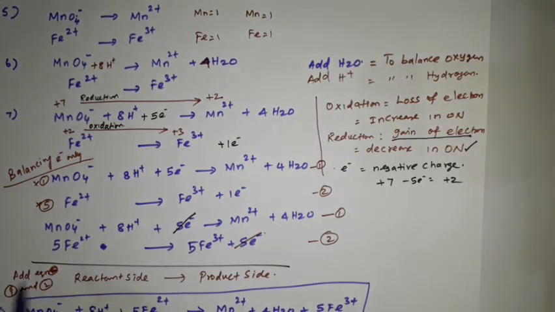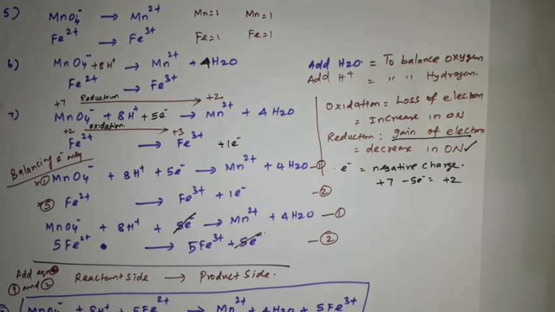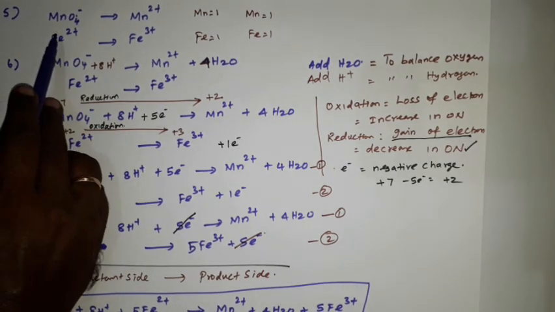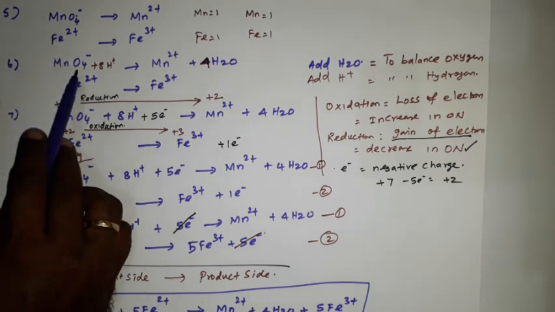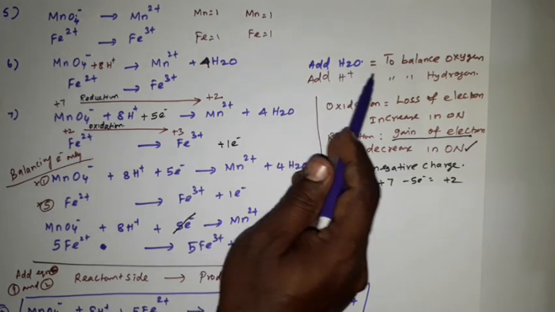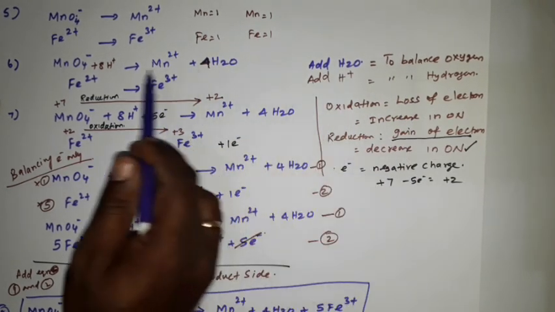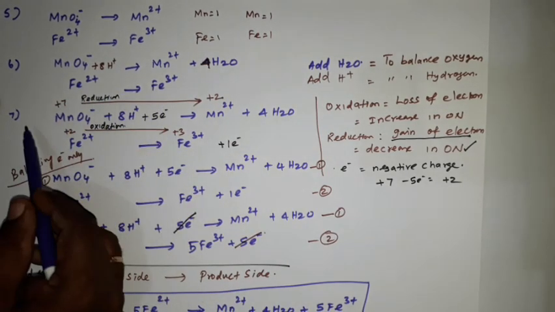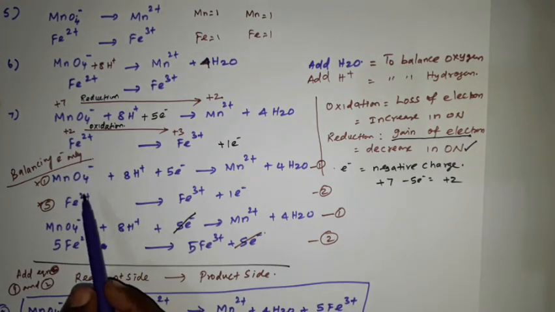In step 5, balance the element which is oxidized and reduced. So here we have balanced in step 5. Then come to step 6. For oxygen, add water. To balance hydrogen, add H plus. So we have added here in step 6. Then step 7, write how many electrons gained and lost.